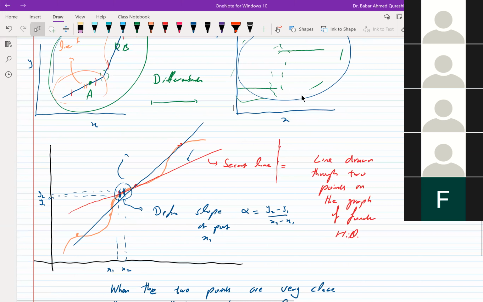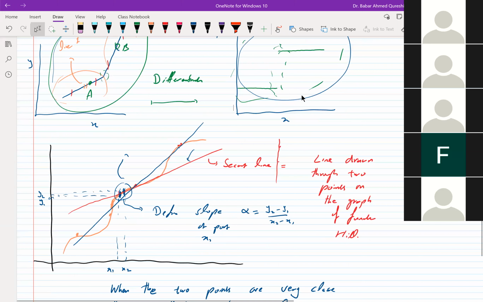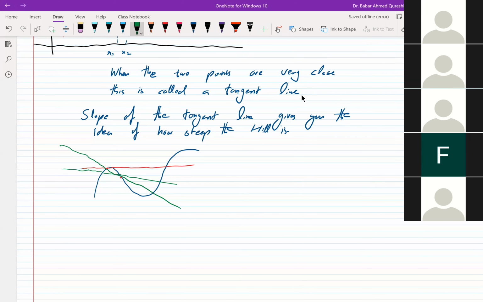Because you took 2 points over here, let's say this one, and you drew a secant line. And a secant line doesn't say how many times it has to touch. It just says that you pick 2 points on the graph and draw a line. So I drew this line, and when I brought them closer, the secant line started to rise up. And when they were very close, this became the secant, and you called it the tangent.